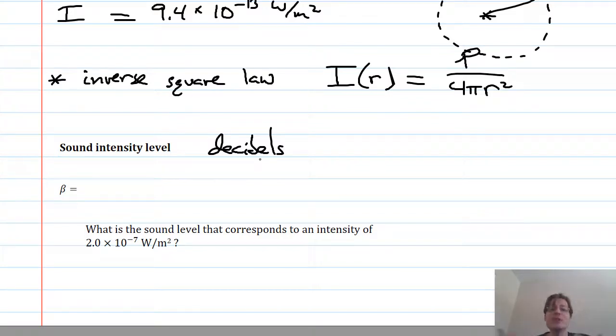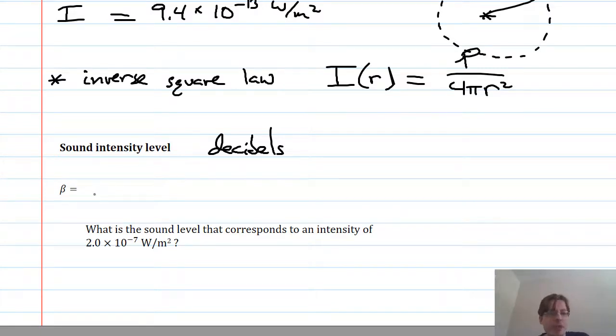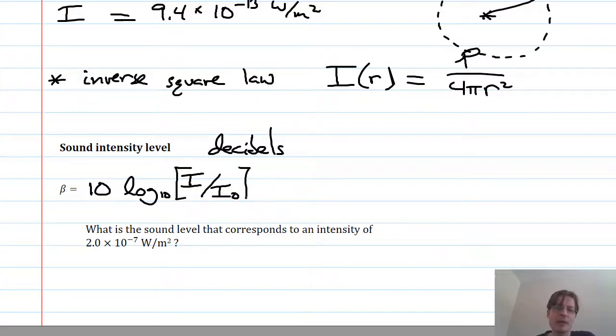So it's a kind of rescaled version of the metric unit of intensity. It's calculated by taking number 10 and multiplying it by log base 10 of the ratio between the intensity and the reference intensity, which is that 10 to the minus 12 watts per square meter, the whisper quiet sound intensity.